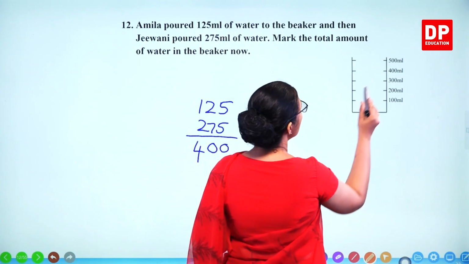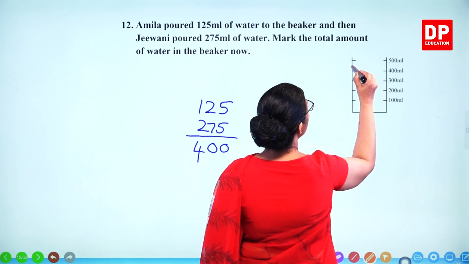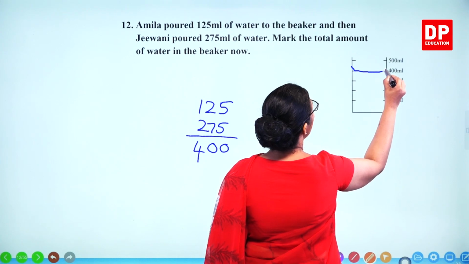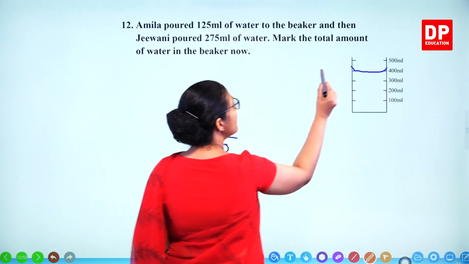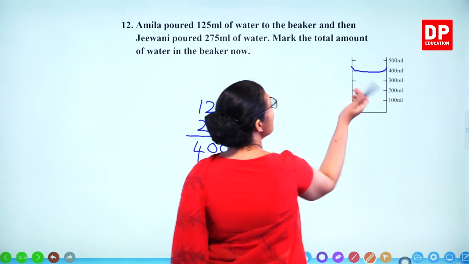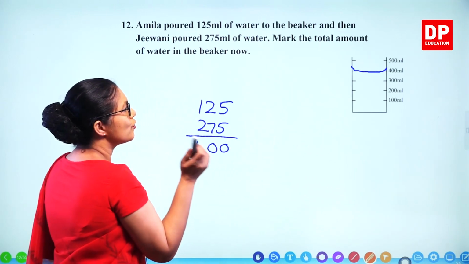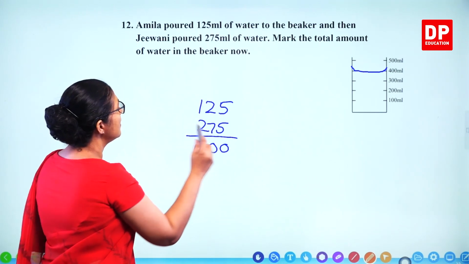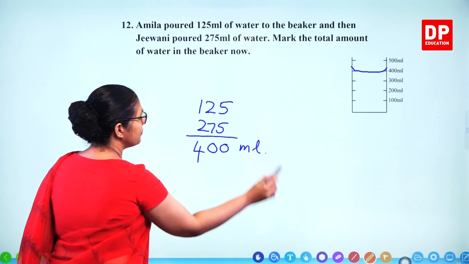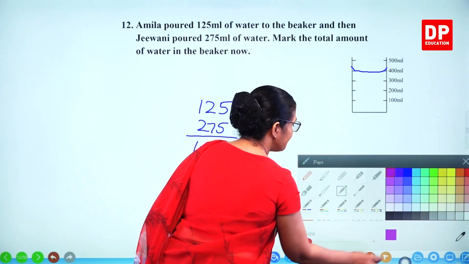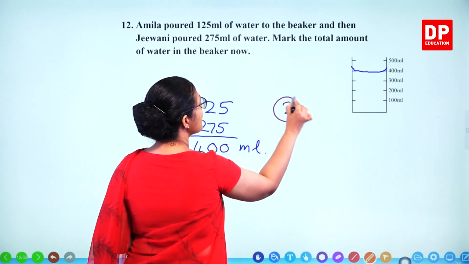So we have to mark 400. When you are adding water, you get a curve like this, but the 400 level is the bottom line. So 400 is the answer. So you get 2 marks.